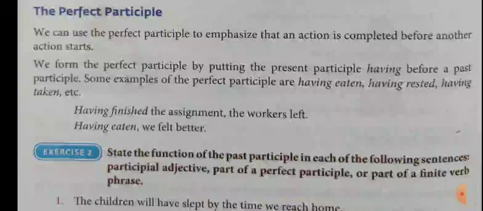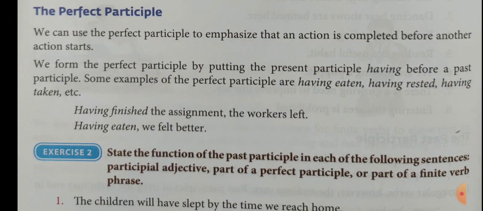Here there are two actions: eaten and felt. Both actions are not continuing. After one action is completed, the other action takes place. So in this situation, we use the perfect participle.